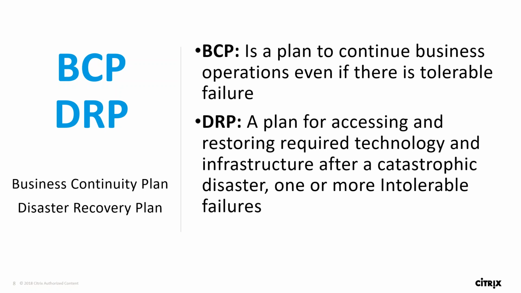While the plans work together, they can be seen as two separate concepts. So let's consider the BCP. It is a plan to continue business operations even if one or many components in the corporate infrastructure fail. DRP, or disaster recovery plan, is a plan for accessing required technology and infrastructure after a catastrophic disaster.